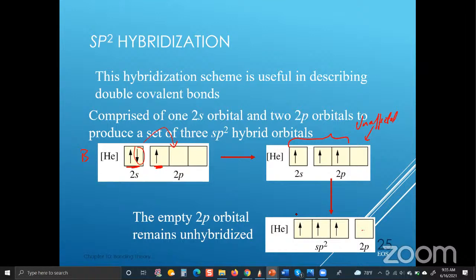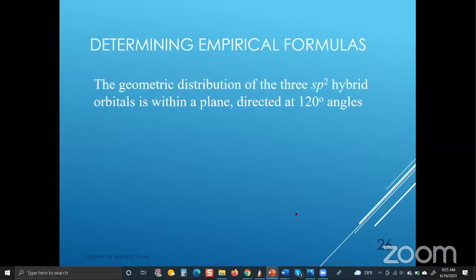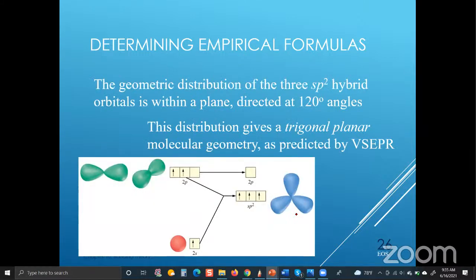And in terms of the picture, these are your 2p orbitals that will undergo hybridization, and this would be your s orbital, which is going to be mixing with these 2p orbitals, and you're going to end up with your 3 sp2 hybrid orbitals.